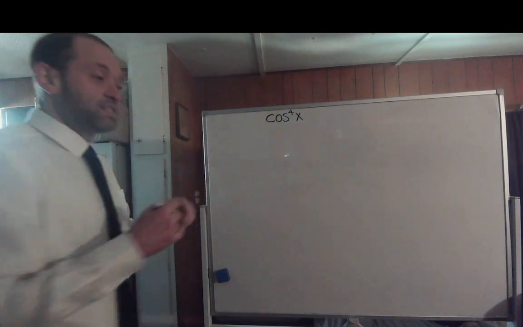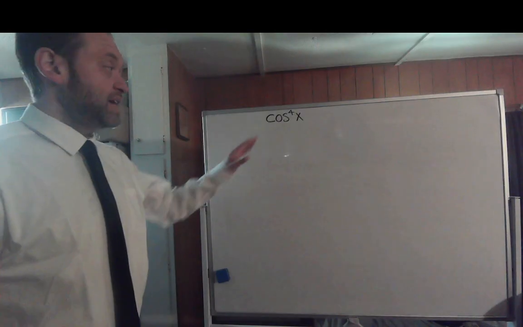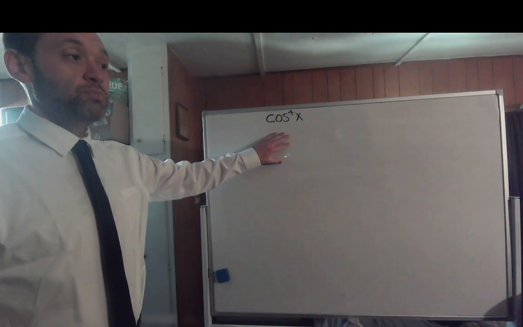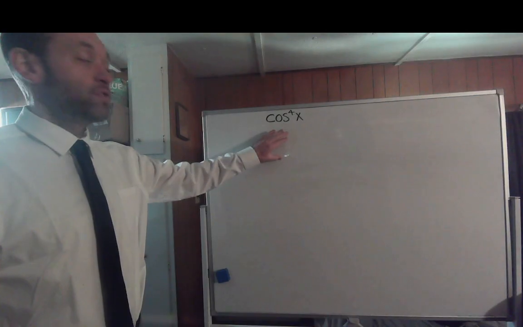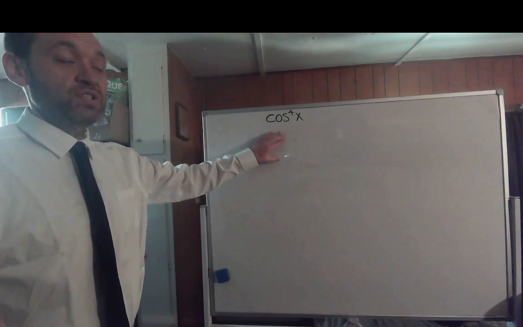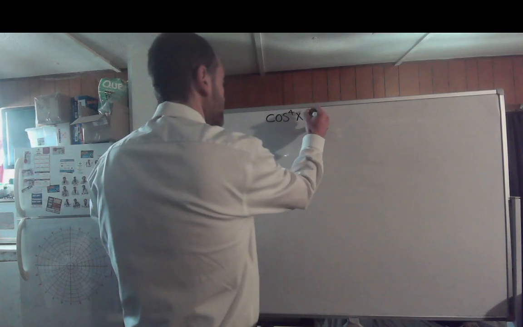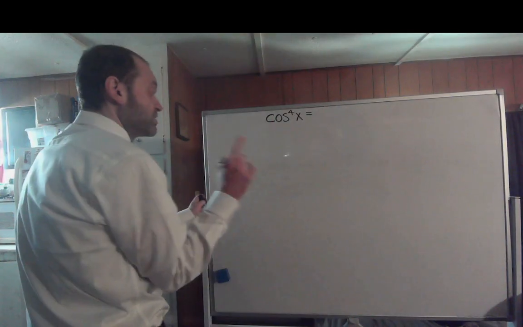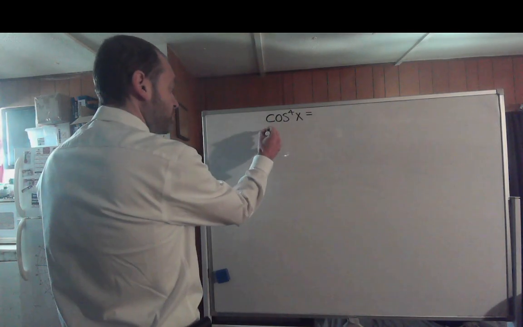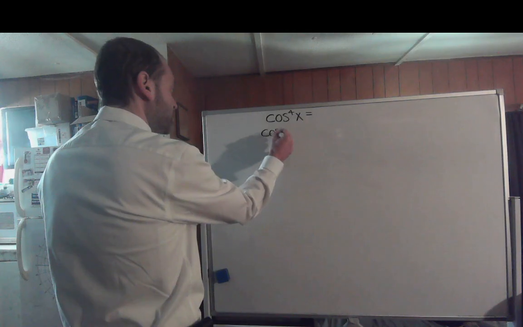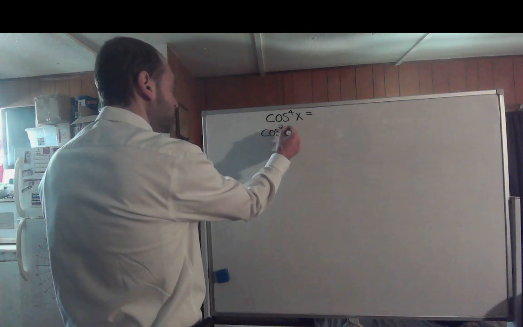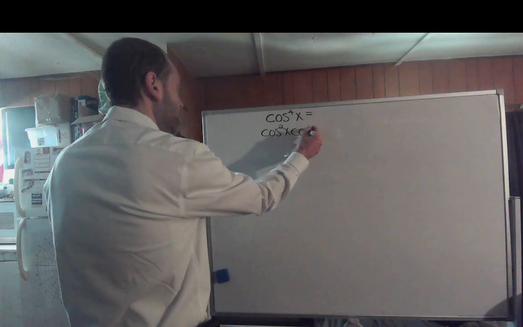The idea for today's lesson is we're going to take all of these and put them into a single first degree quantity of the cosine function. So how are we going to get there? Well, first, let's understand that the cosine to the 4th of x is the same as the cosine squared of x times the cosine squared of x.